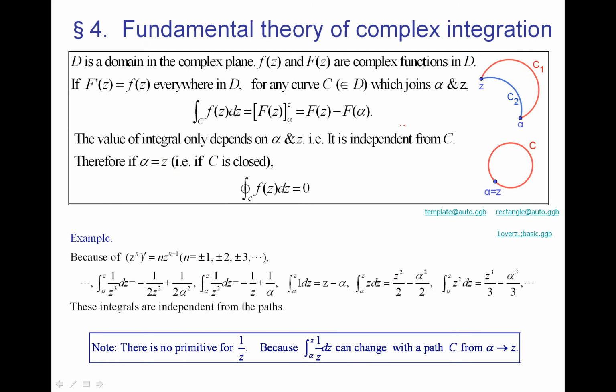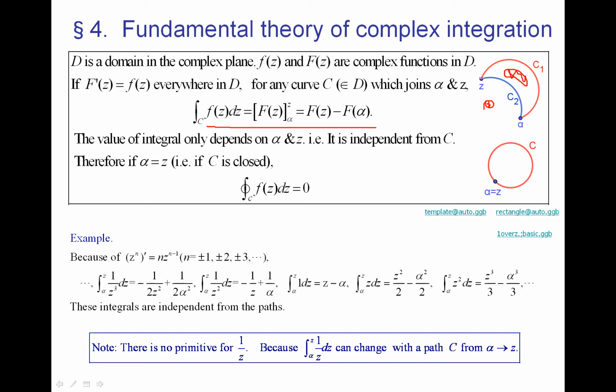But you can understand this theorem well, because from that proof, this theorem holds true as long as the path is in D. So if there are holes, it has nothing to do with this.